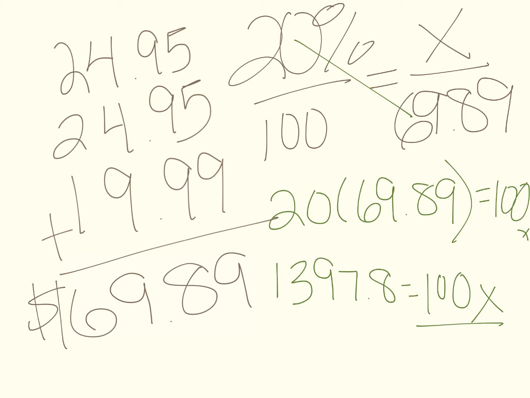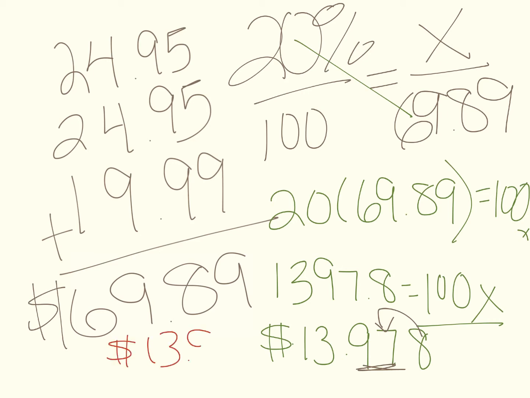So $1,397.80 divided by 100 is going to give me a savings of $13, and on the calculator it comes out as 978. So what's going to happen here? We can only have 2 place values, hundredths, so this 8 tells the 7 to round up. So we're going to have a savings of $13.98. Okay? So that's our savings.